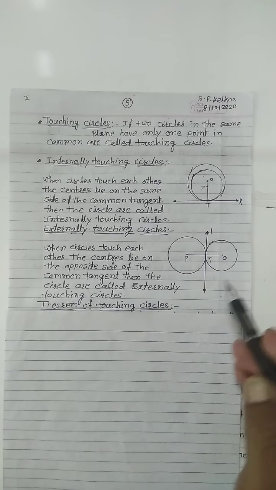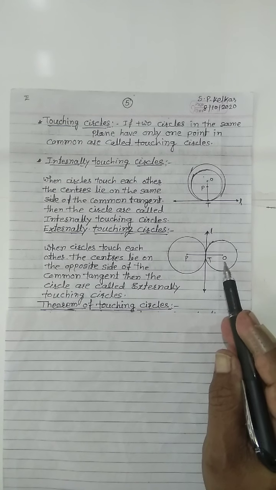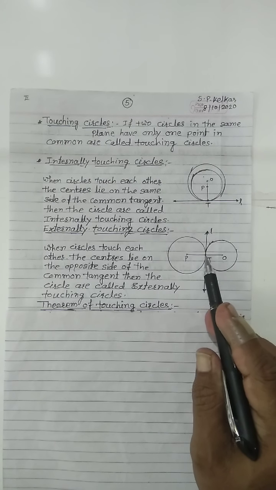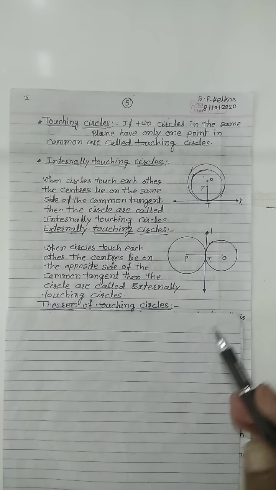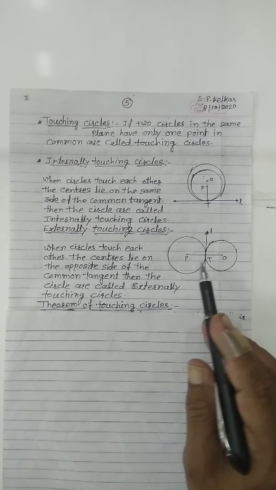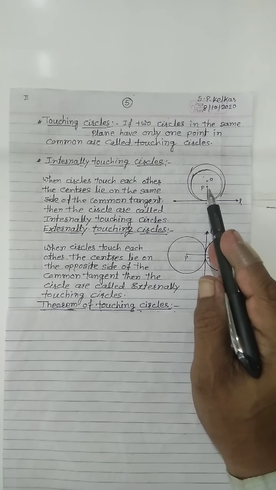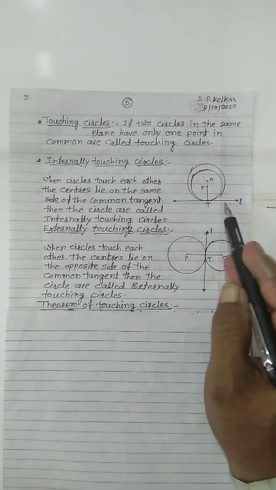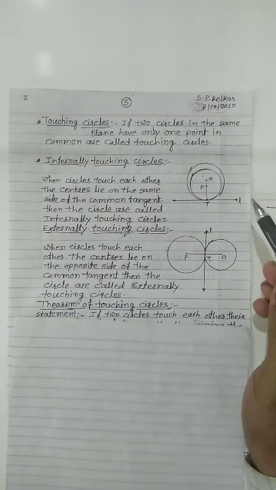In this figure, circle P and circle O touch each other at point T, and P and O lie on opposite sides of this common tangent L.